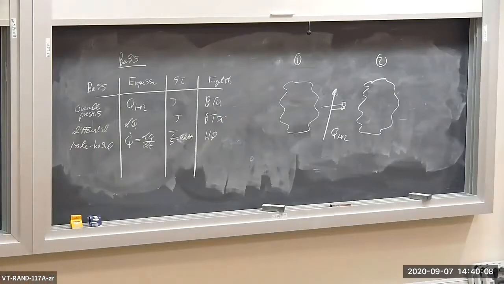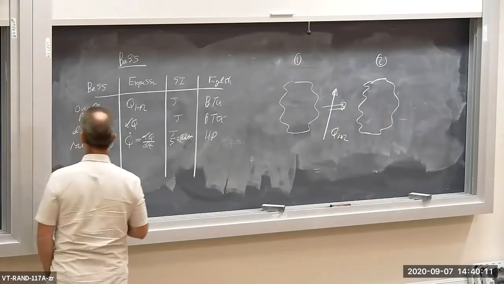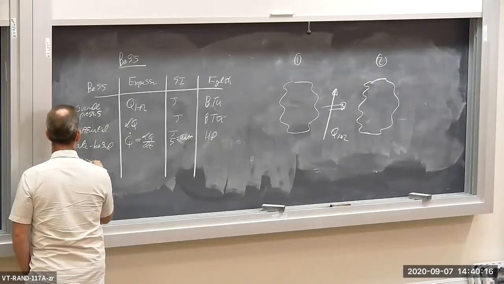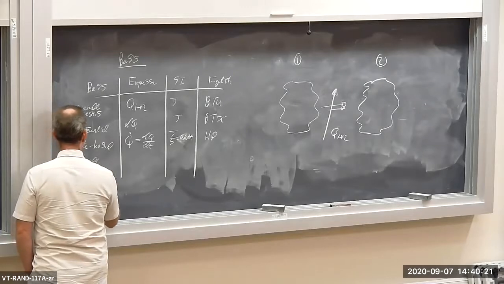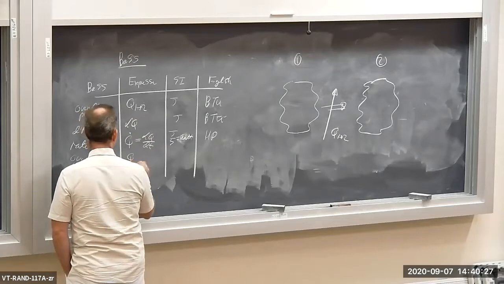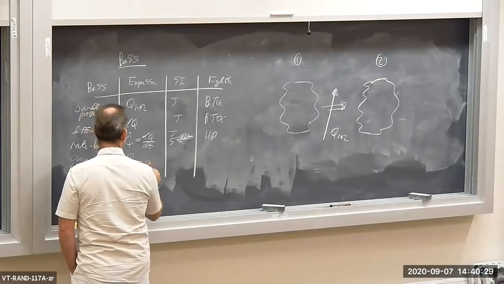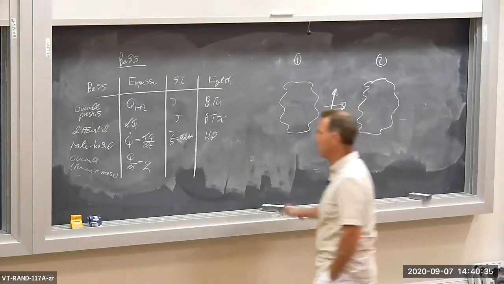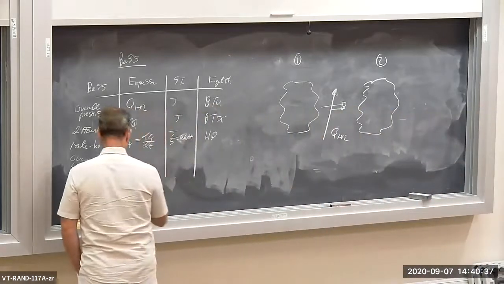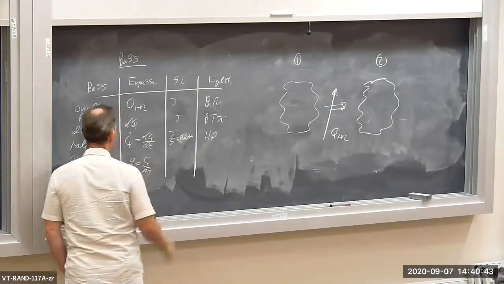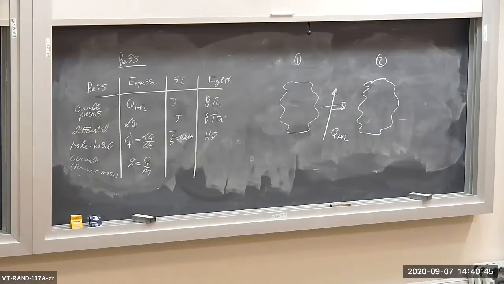You can also write this heat transfer per unit mass. So there's also overall per unit mass. I could do that. That would be Q divided by the mass of the system, or lowercase q. Okay? You can write 1 to 2 on there if you want.